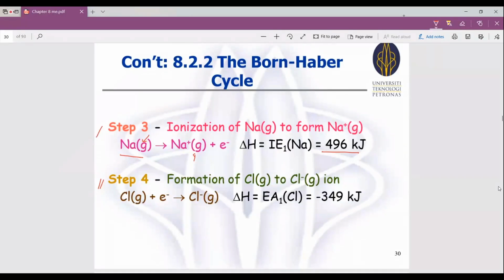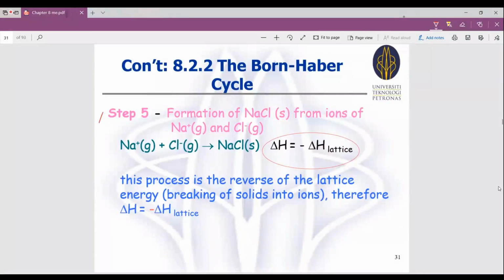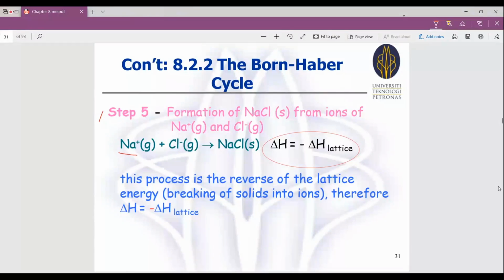So Cl gas forms Cl- by gaining 1 electron. So the value is negative 349. And step number 5, formation of NaCl from the ions Na+ and Cl-. So Na+ and Cl- gives NaCl. This is the lattice.